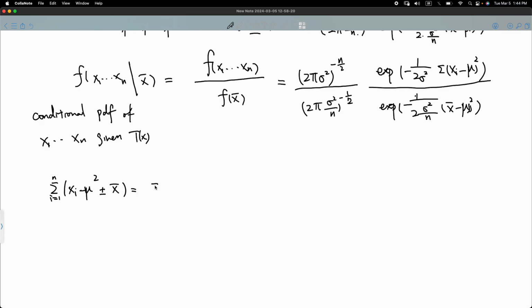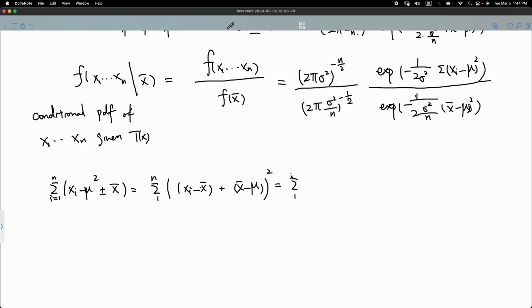This should give you the summation of (xi minus x bar) plus (x bar minus mu), altogether squared.